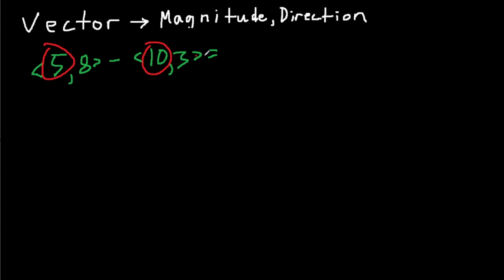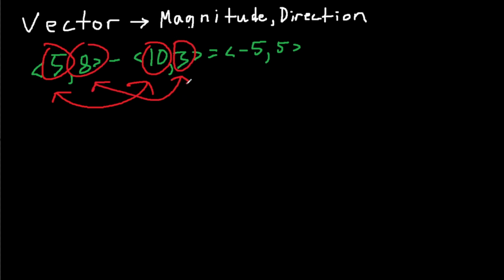So what happens? 5 minus 10 is equal to -5, and 8 minus 3 is equal to 5. So these two subtracted together, you get this.